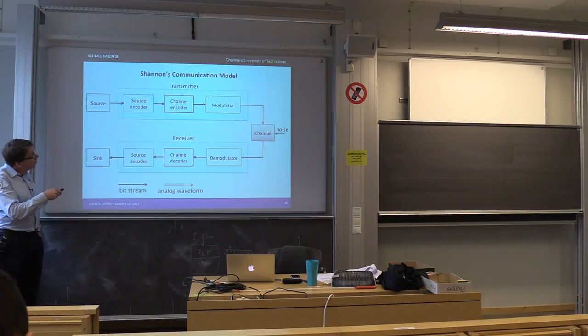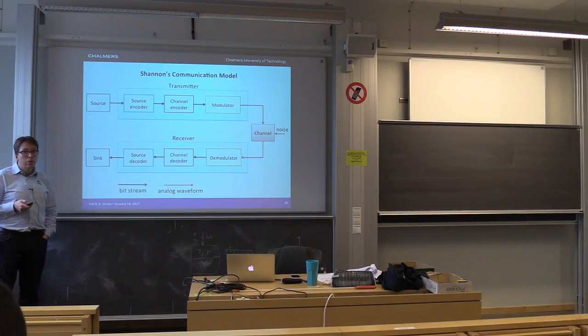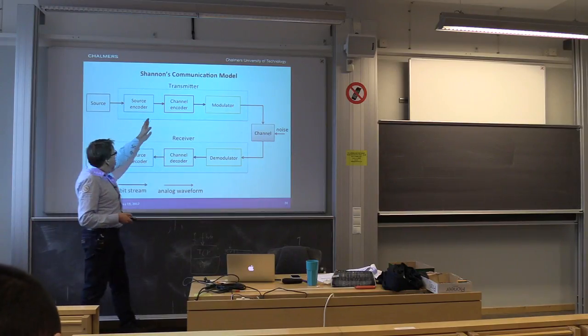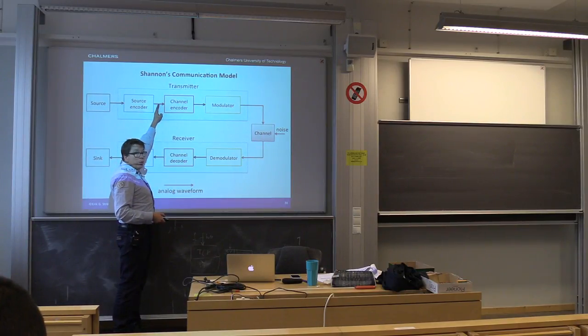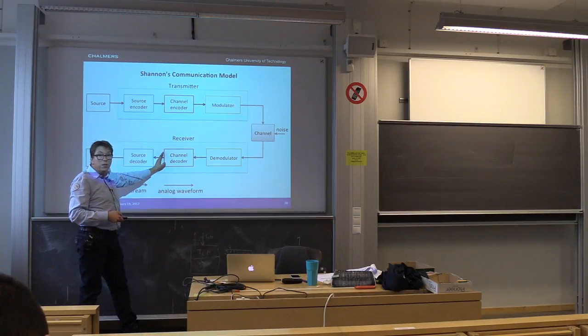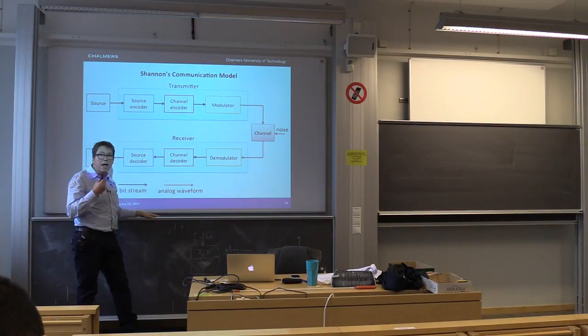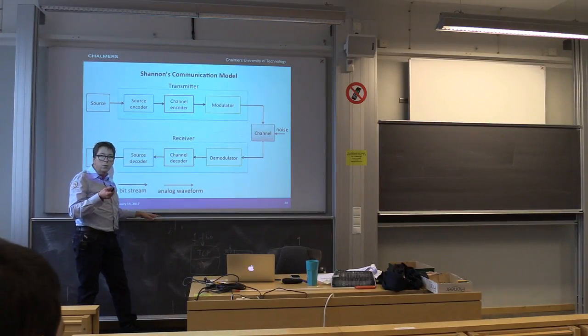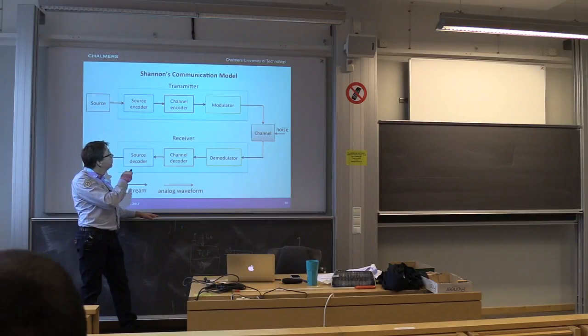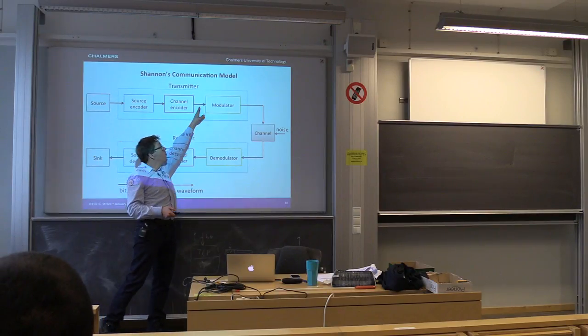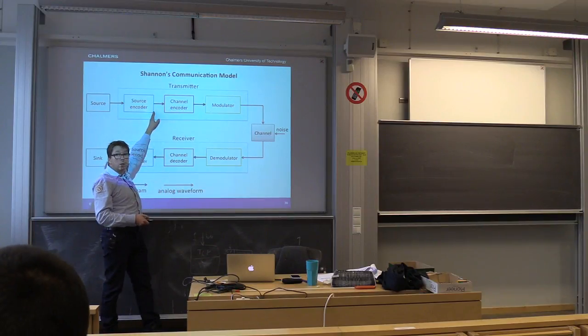The second block is called the channel encoder, and its purpose is basically to be able to detect and correct errors that occur. So here is some information bits coming in. And these need to be transmitted over the channel, and hopefully it should be the same information bits here. What the channel encoder does is it adds some control bits, some check bits to the information bits. So here we have actually more bits than what we had here.